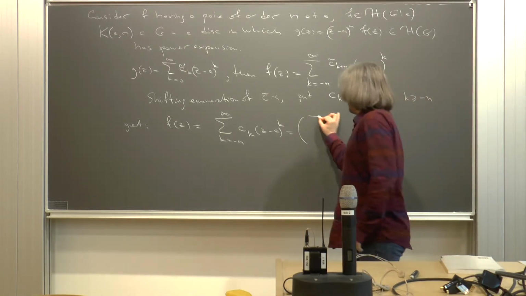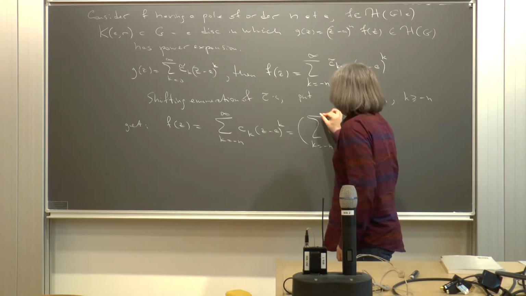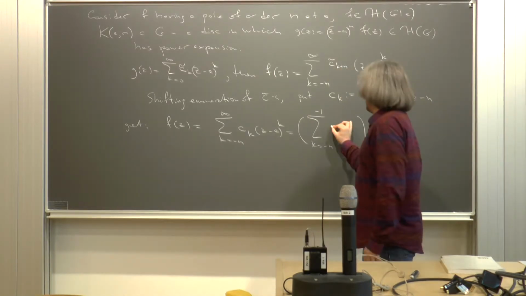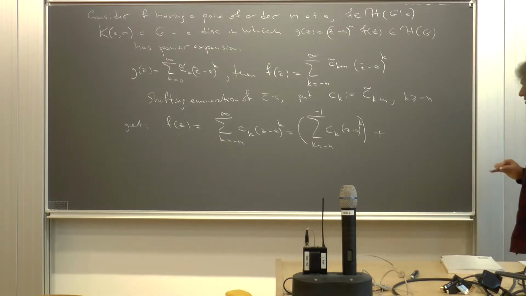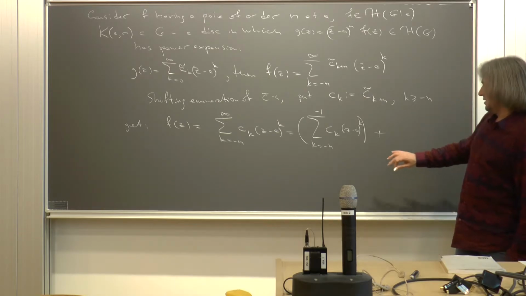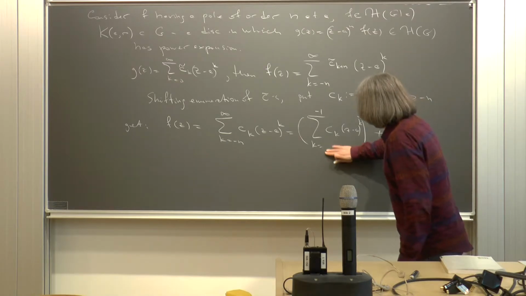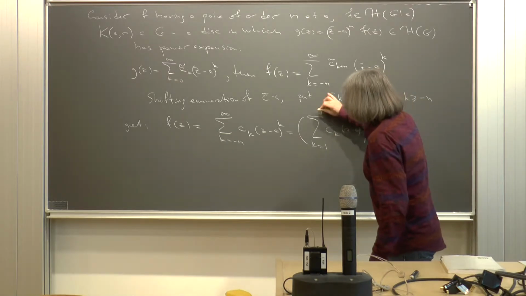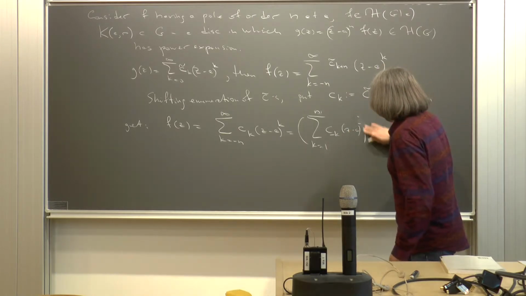The first summand will be the sum from k equal 1 to n of c minus k, z minus a to the minus k.